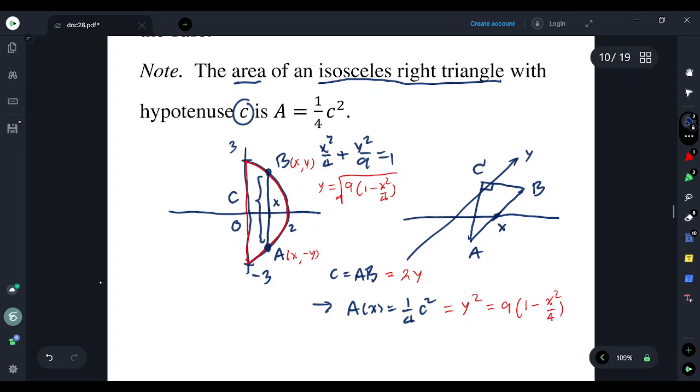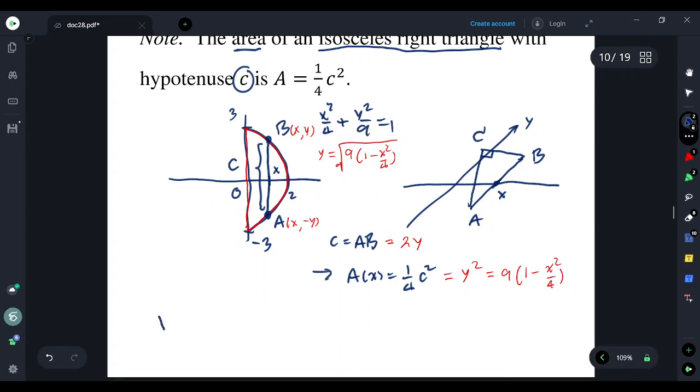Okay, so now we can integrate to get the volume. The volume is the integral from 0 to 2, right? 0 is the start, 2 is the stop, and then we integrate the cross-section area, which is 9 times 1 minus x squared over 4 dx.